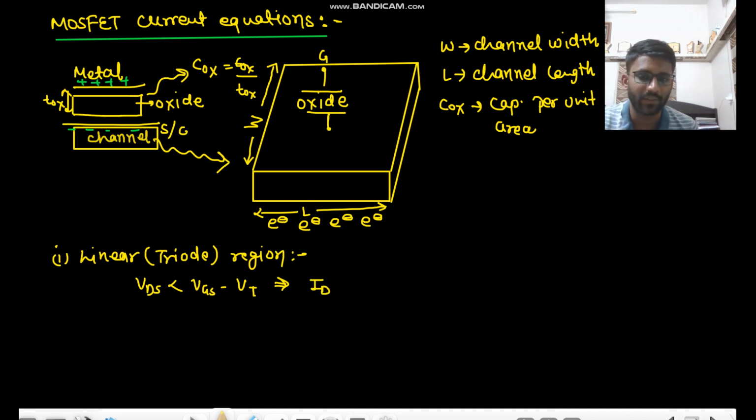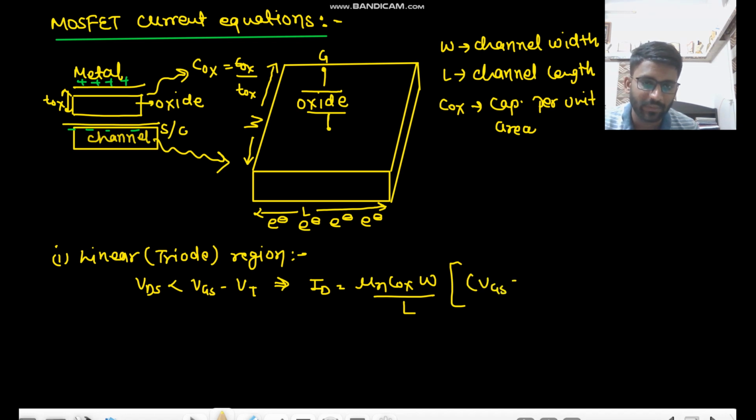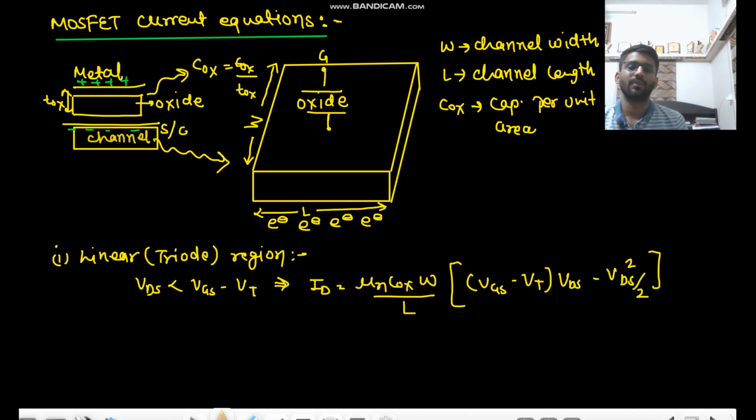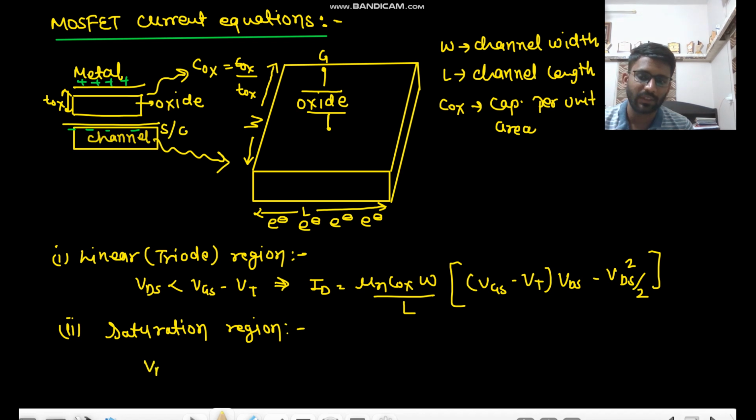So ID will be mu n COX W by L into VGS minus VT into VDS minus VDS square by 2. Okay, and for the saturation region, what is the condition?